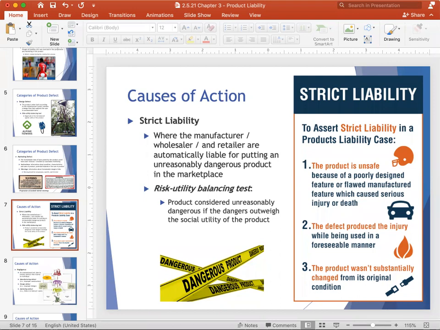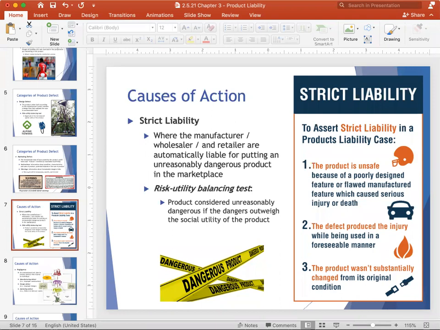So courts are going to examine the danger of the product: the gravity of the danger, the likelihood of injury, the obviousness of the danger, the ability for the manufacturer to produce an alternative product with an alternative design that's safer. But they're going to compare that to the knowledge of consumers, right?